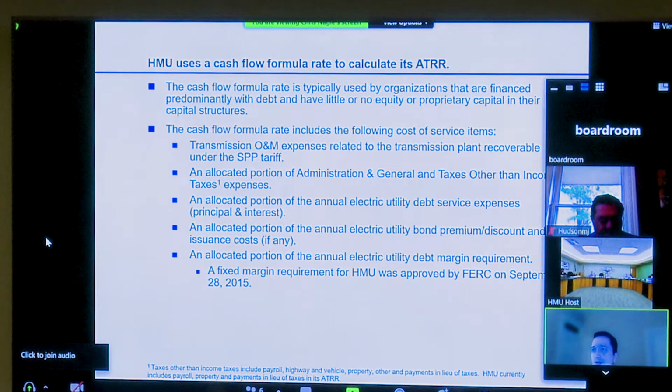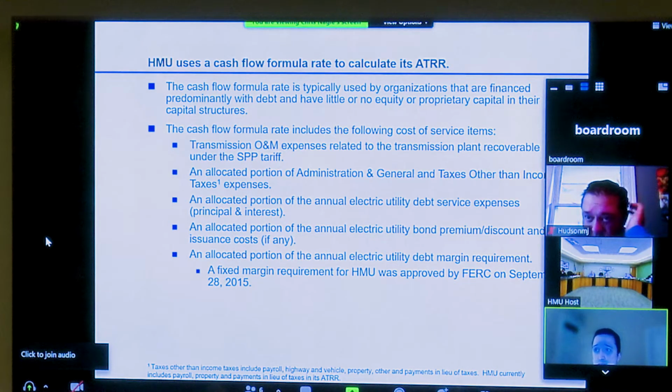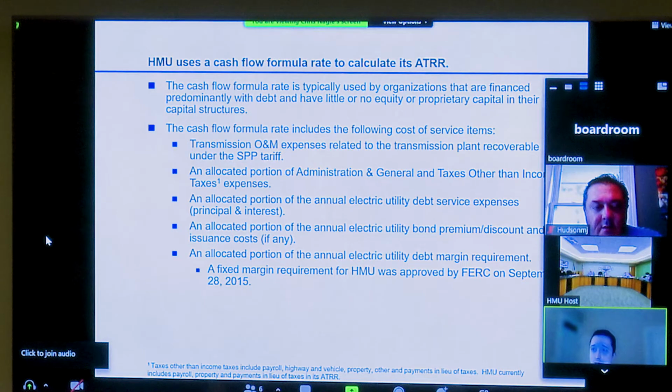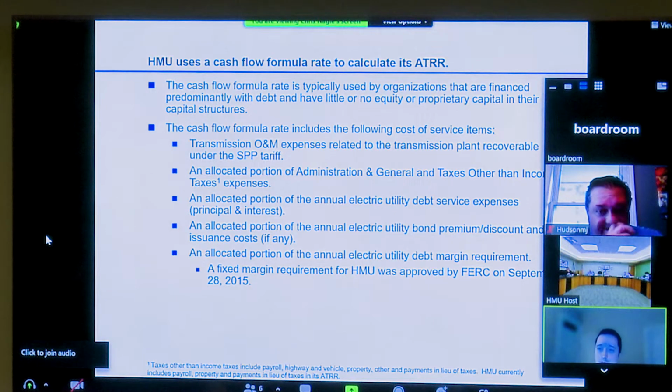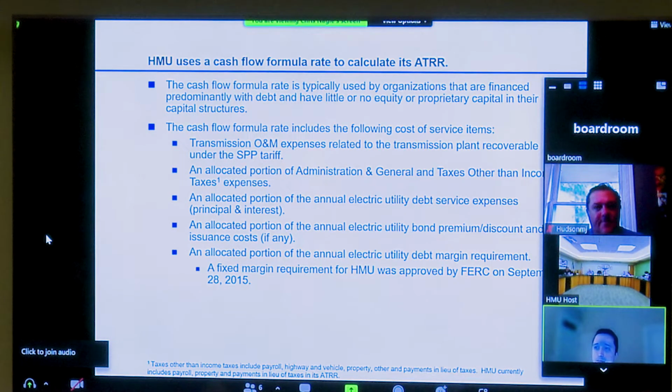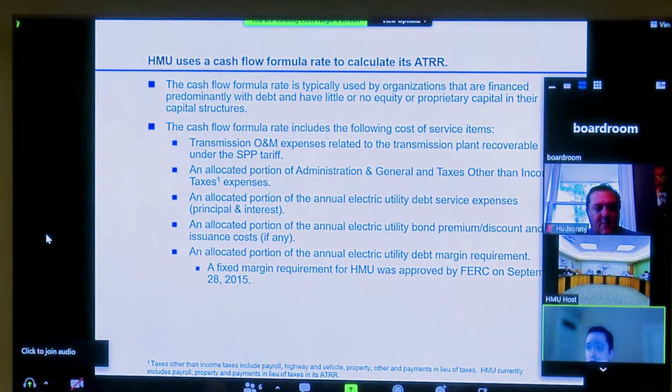And the cash flow template recovers costs related to the bulleted list you see here, but they include big items like transmission O&M expenses, an allocated portion of overall administrative and general expenses, as well as taxes other than income taxes, an allocated portion of the debt service, so that would be the principal and interest on any outstanding debt that Harlan has, an allocated portion of any bond premium or discount costs that go with bond issuances, and then an allocated portion of what's called the margin requirement.